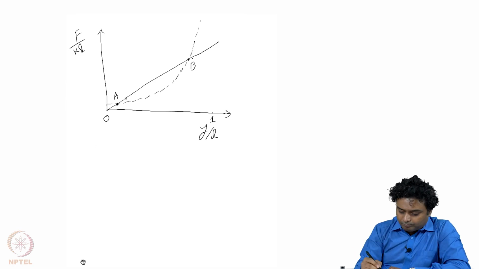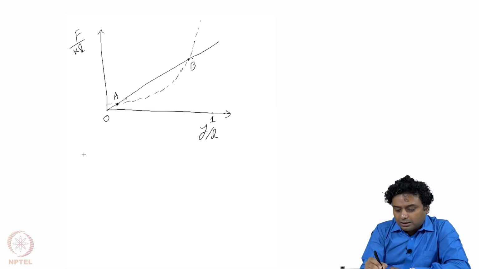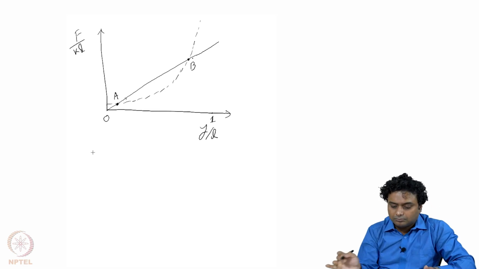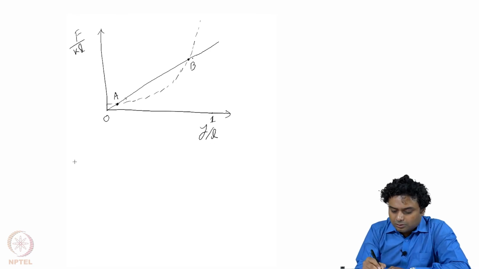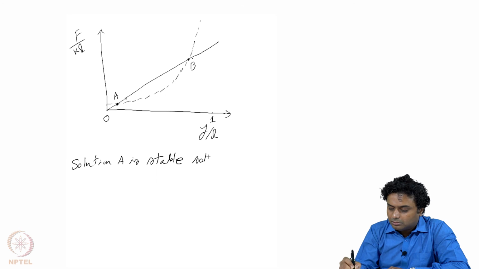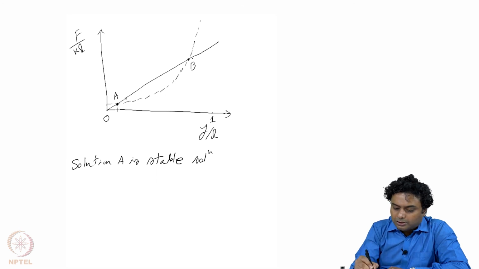So, what we can tell from here is that solution A is a stable solution. Let us call this solution xa, sorry, this axis we have considered y, so we will write y.